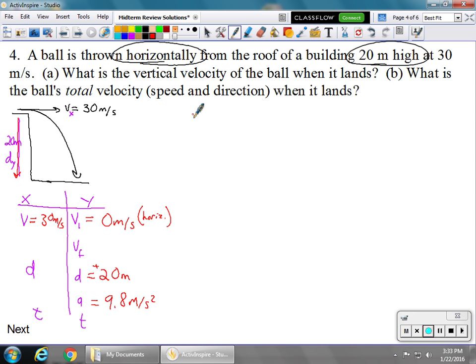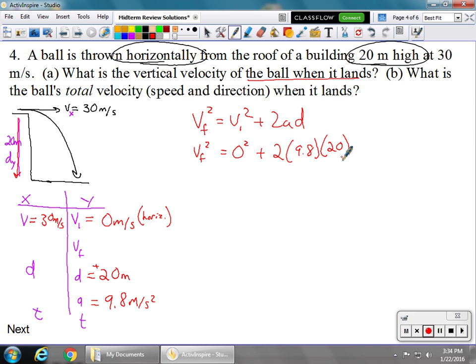All we need to use is equation number 3: Vf squared equals vi squared plus 2ad. The final velocity in the y is not 0. It's not going to be hitting the ground going 0. It's when it lands, so it's going to have a velocity when it hits the ground. It's the initial velocity in this case that's 0, plus 2 times 9.8 times the height, which was 20.